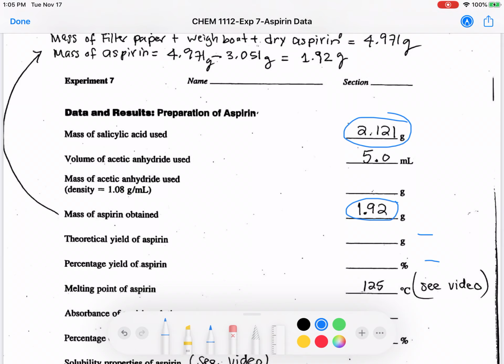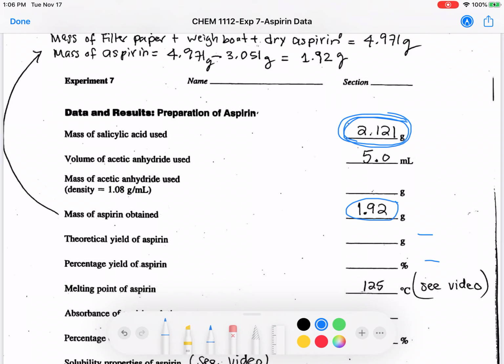You know how to calculate the theoretical yield based on the limiting reactant of the starting material. So how do you do that? We identify this as the limiting reactant because we use 5 milliliters of acetic anhydride, and at the end we add 2 milliliters of water to get rid of any excess acetic anhydride, to break it down to acetic acid and to evaporate it.